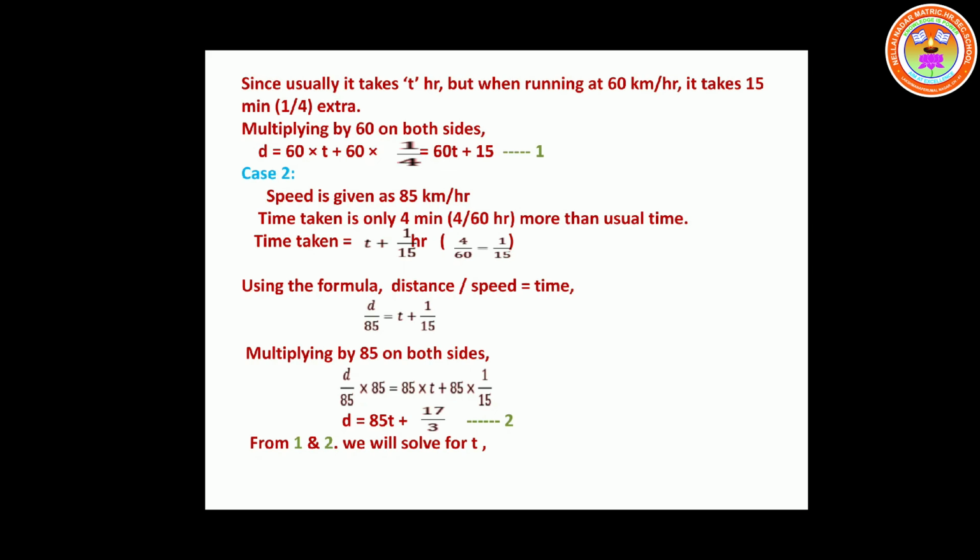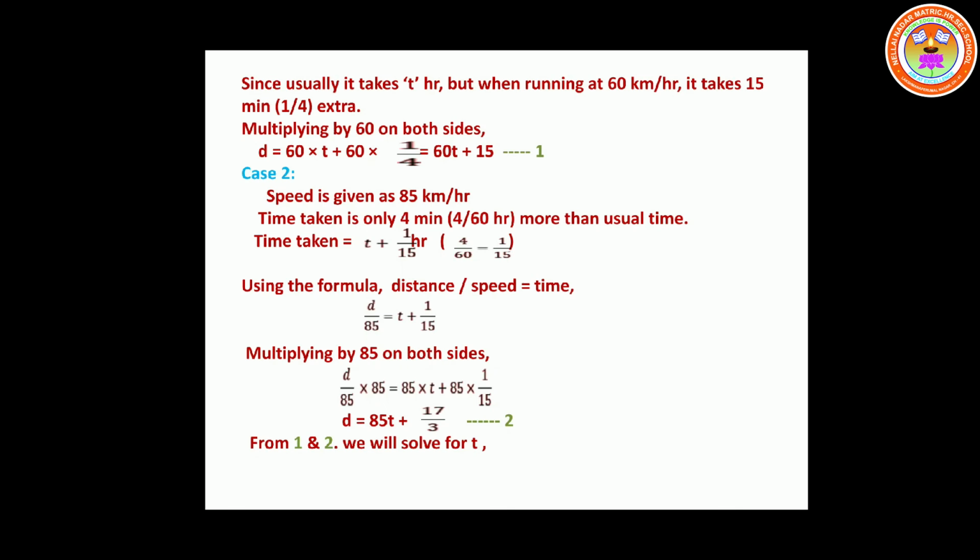Now using the formula distance by speed equal to time, distance is d, by speed, in this case 2, 85 kilometers per hour, that is equal to t plus 1 by 15. Understood? Now to remove the 85 in the denominator, multiply by 85 on both the sides.